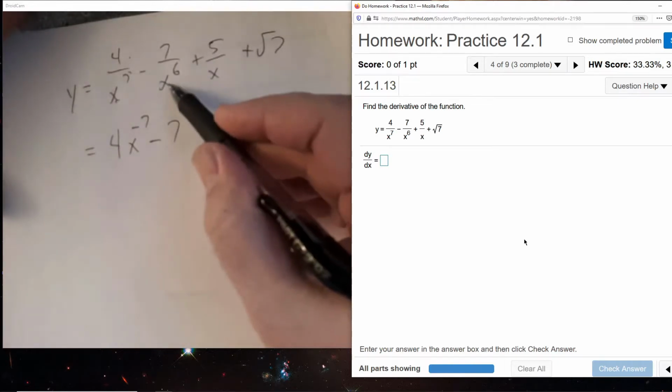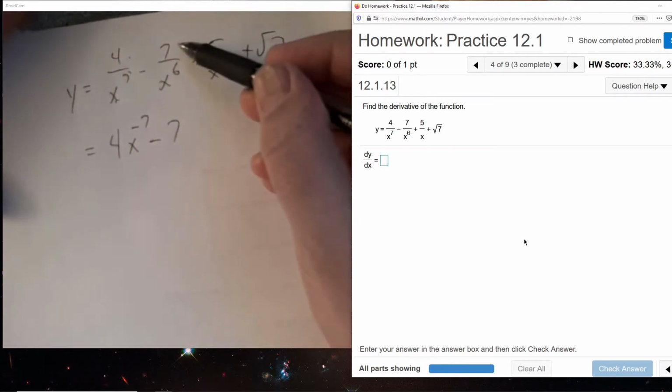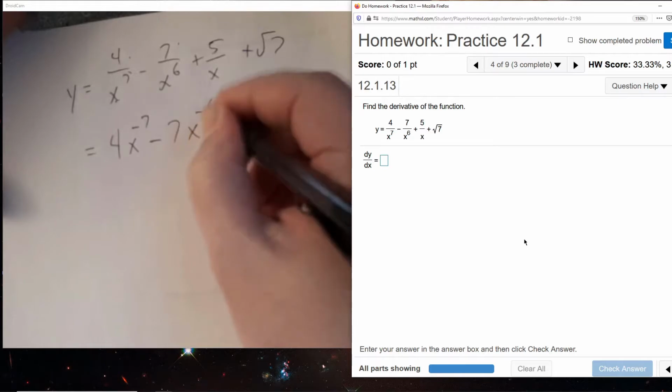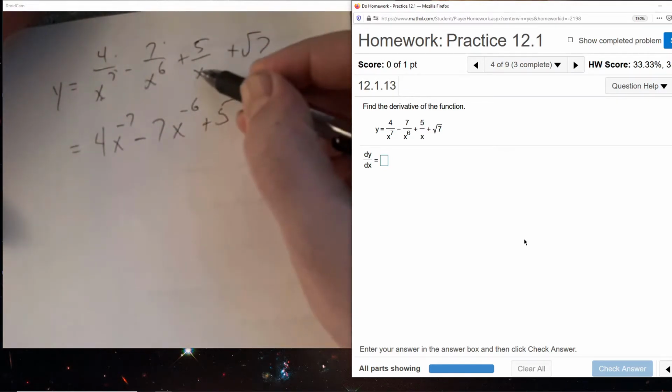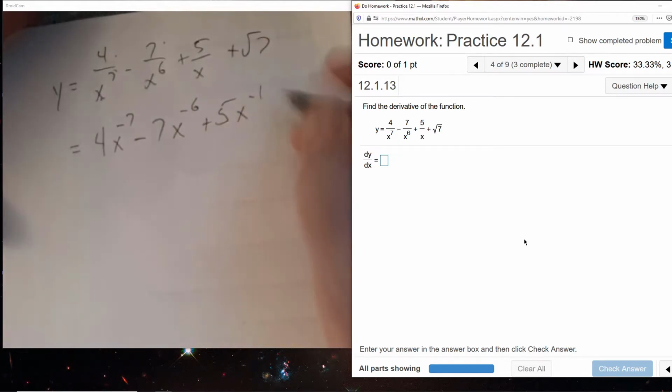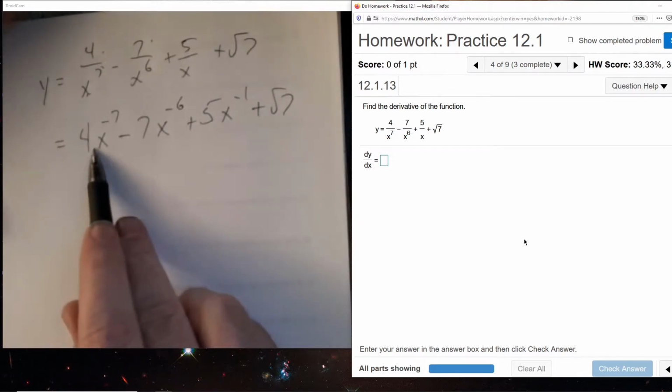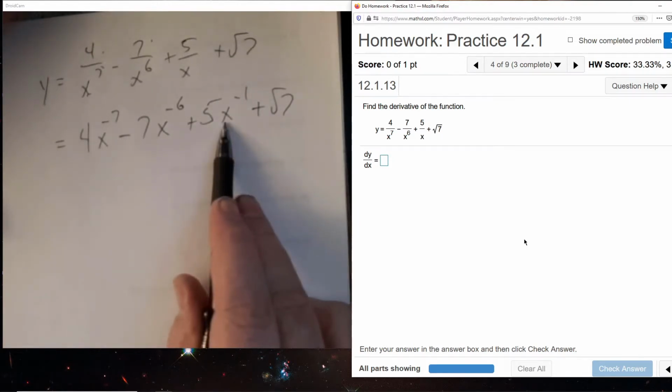So we'll take the x to the 6, bring it across the division bar. That changes the sign of the exponent. Bring this x across the division bar. And so we have power function, power function, power function, constant.